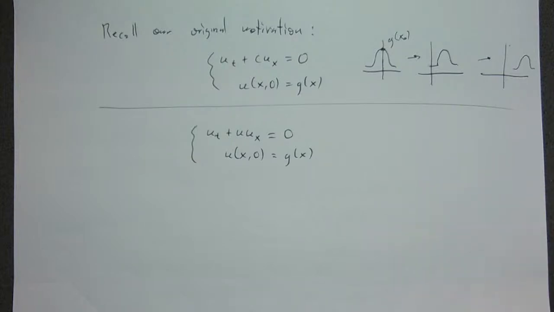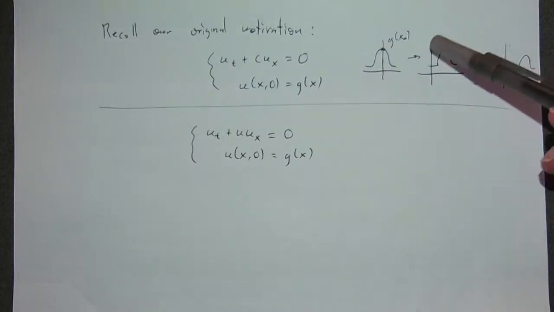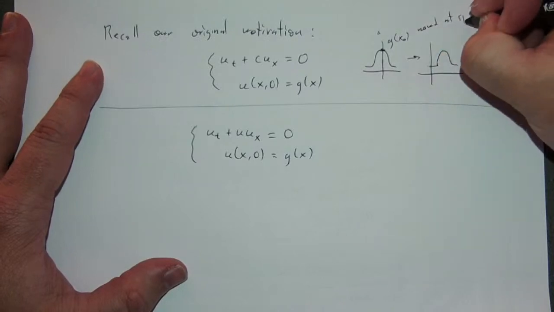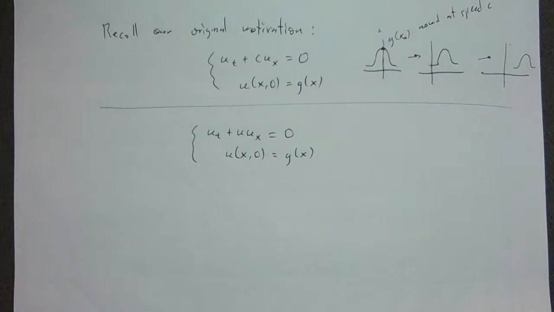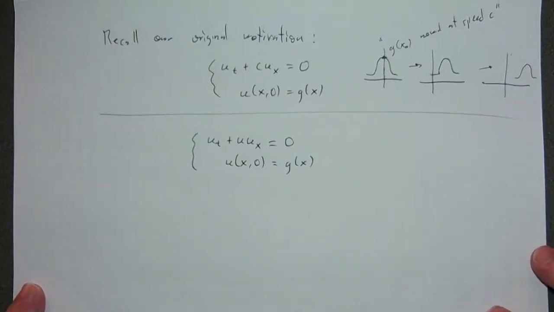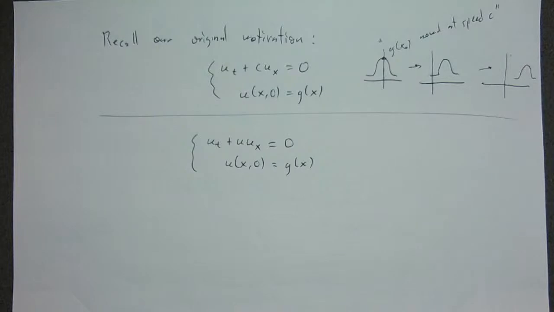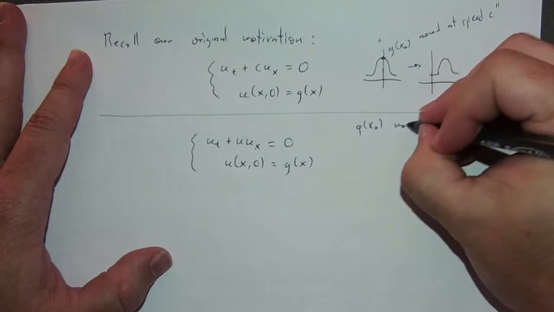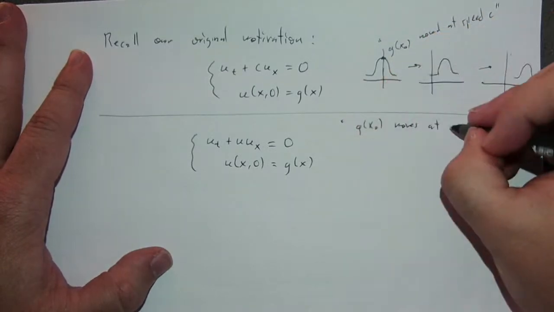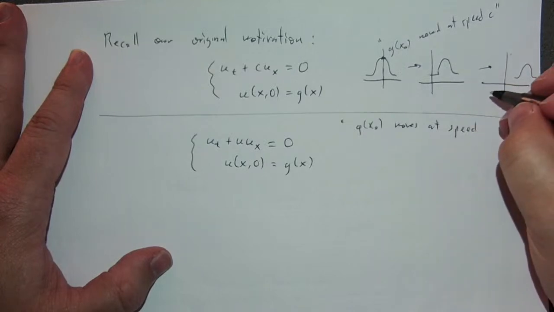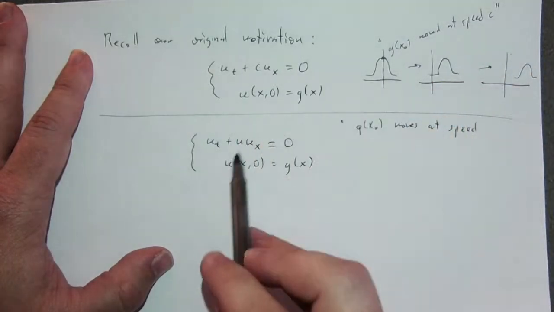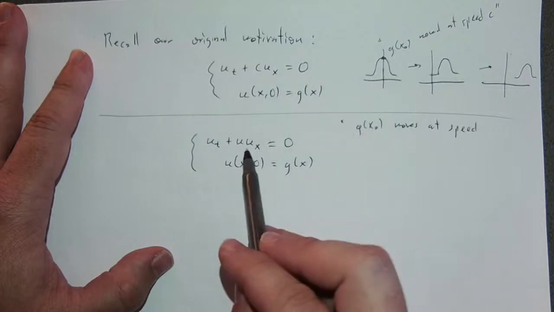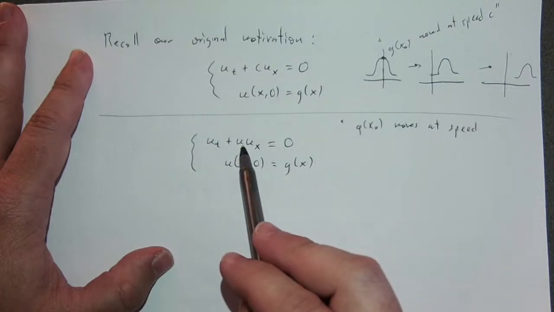But then for Burgers' equation, what does this mean? Here, this g of x naught moved at speed c in the transport case. But for Burgers' equation, the value of the solution is the speed. The value of the solution is constant along the characteristic line, so it's also g of x naught.